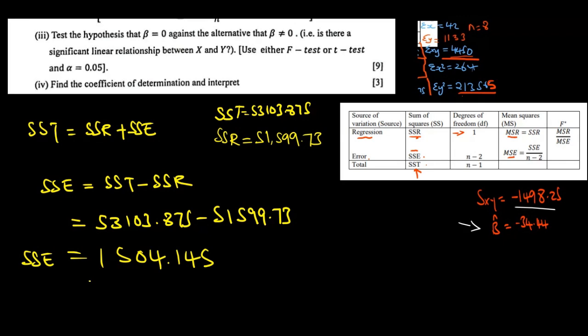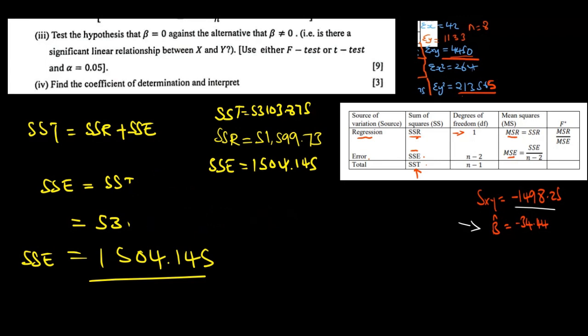So this is what I'm getting as my SSE. Alright, so let's write our SSE here. So SSE will just be given by 1504.145.